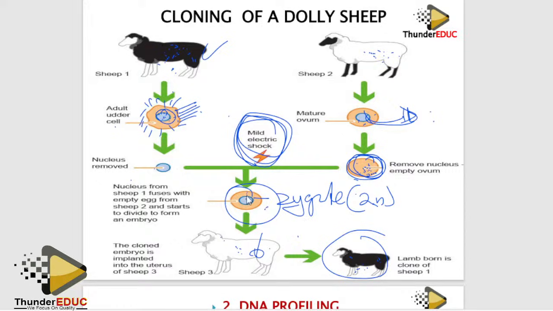What it knows is this, so that it can start undergoing mitosis and form those finger-like projections, and then implantation takes place. That part of implantation is paper 1, so we are done with that. So that's why we don't use the whole thing. If you bring this and put it in, it won't be recognized as a zygote. It will be recognized as any body cell.